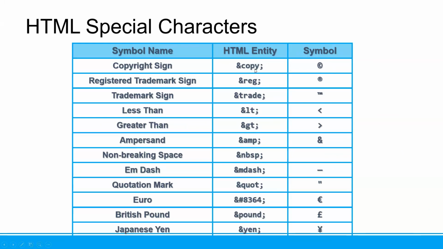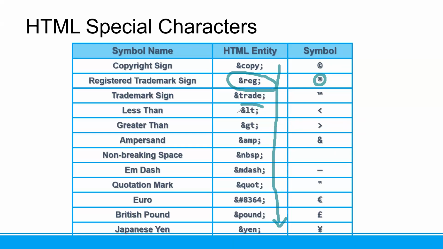And if you need to write the registered trademark sign like this part, you need to have this HTML entity and so on. You don't need to memorize this one, but in some parts it is necessary for you to know about this.